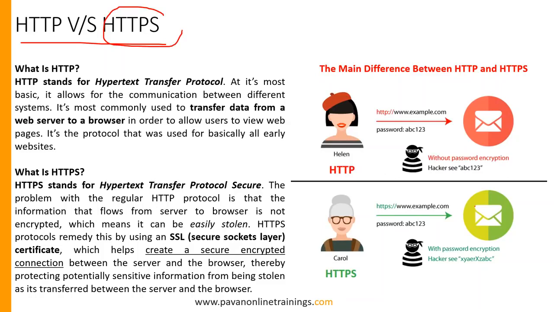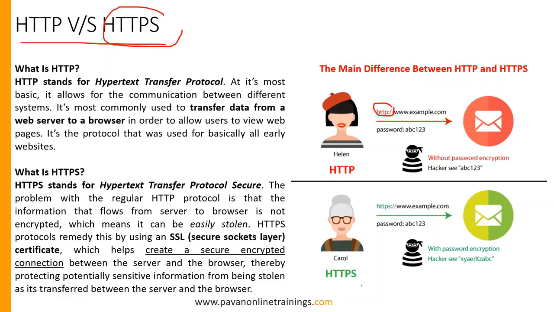So here I have mentioned the clear difference. For example, when I open your website, if it is following the HTTP protocol, when you enter the password, it will not be encrypted. So throughout the network, your password will go as it is, and there is a chance of your data being hacked. This is not secure. Okay, that's HTTP.